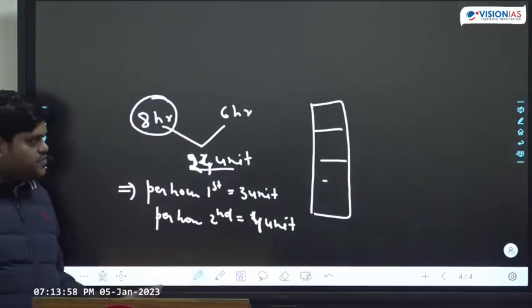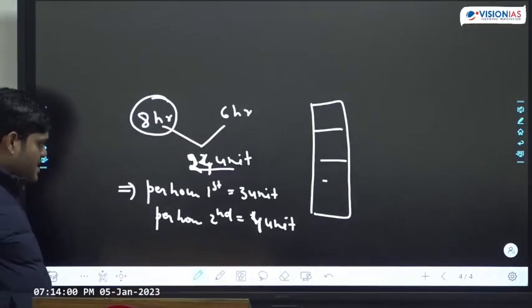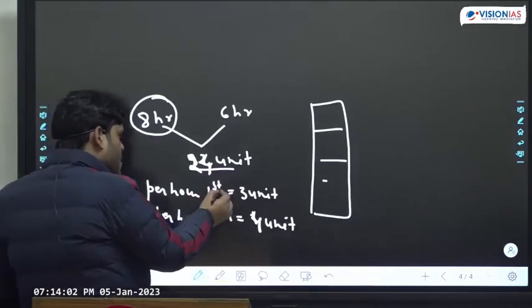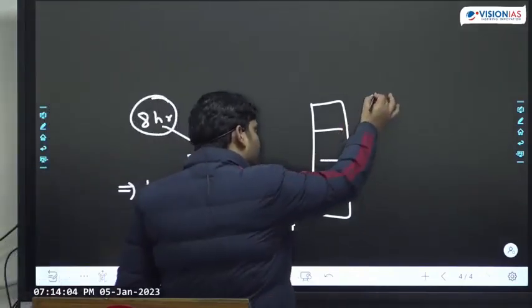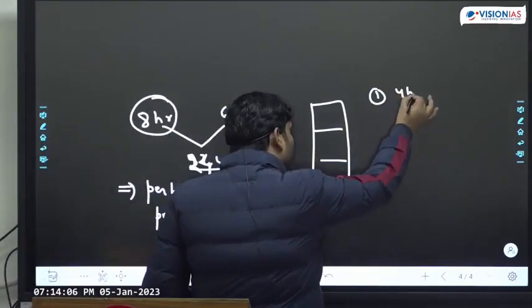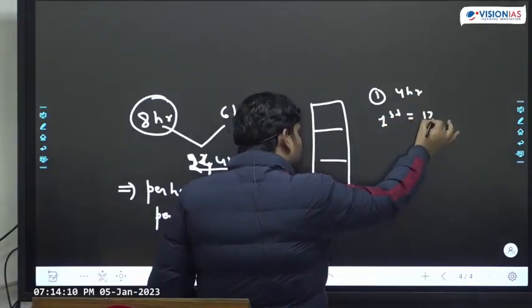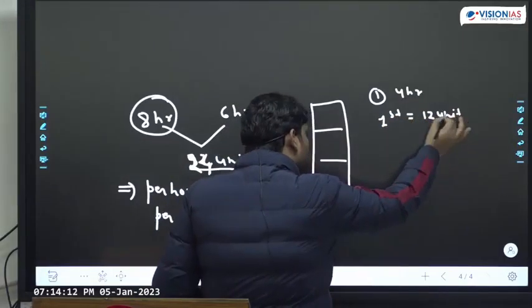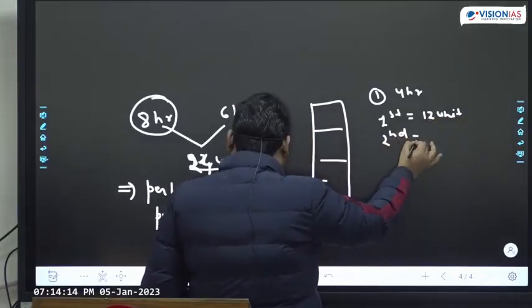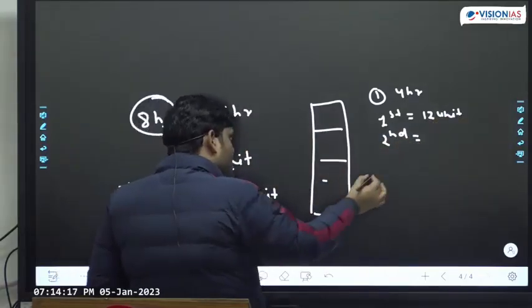The first option is 4 hours. In 4 hours, the first candle will burn 12 units and the second candle will burn 16 units.